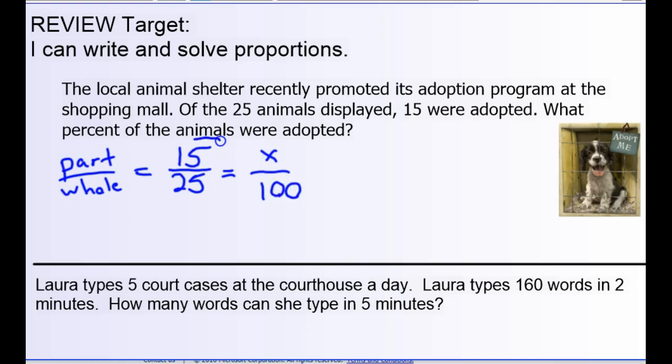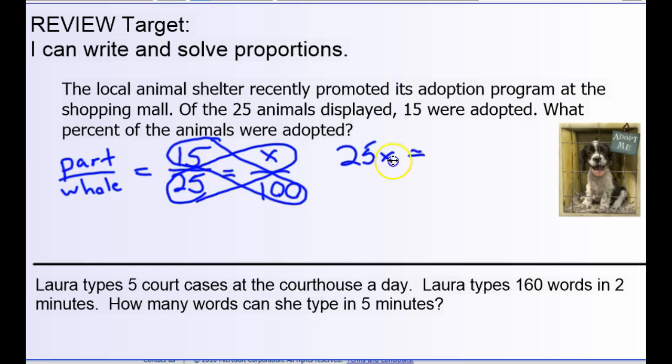So now what we have to do is cross multiply. If we do 25 times x, we get 25x. And if we do 15 times 100, we get 1,500. So to get x by itself, we have to divide by 25, and divide by 25 on this side.